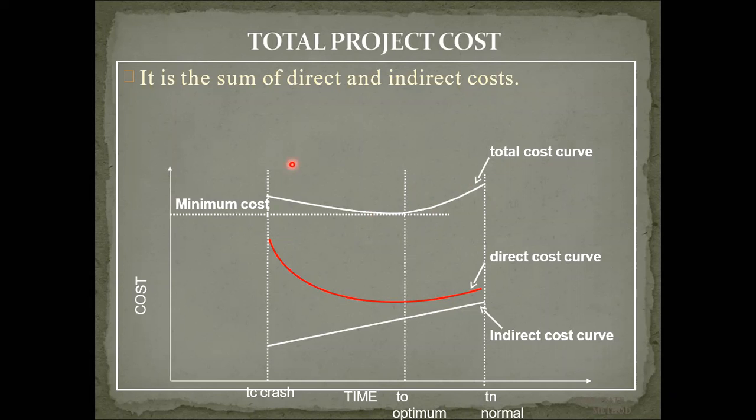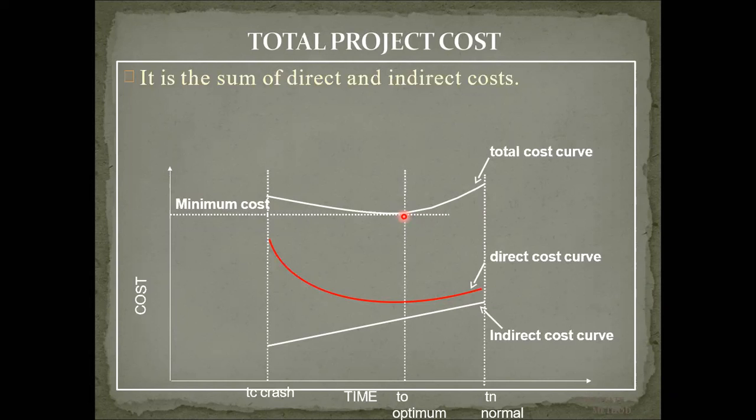At the optimum point, the time is optimum, that is To, and the cost is minimum. This is called the optimum point. As you go to the normal duration side, the total cost goes on increasing a little, and as you move toward the crash side also, the cost increases a little.